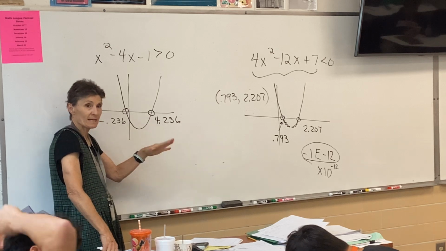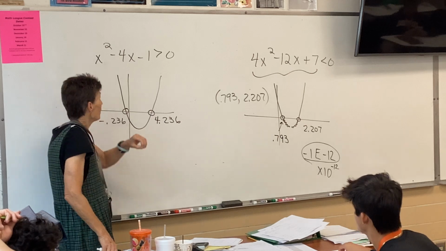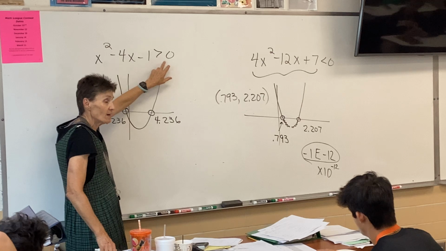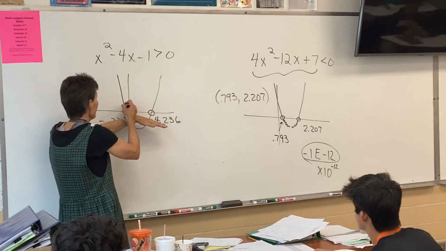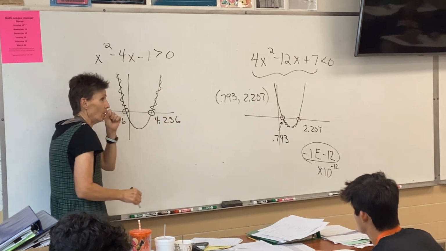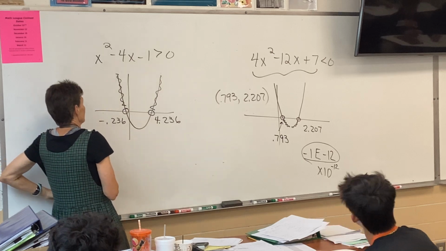All right, now we gotta answer the question. Remember what the question is. Where are we above those points? So wouldn't that be all of this and all of this? So, what is my answer?